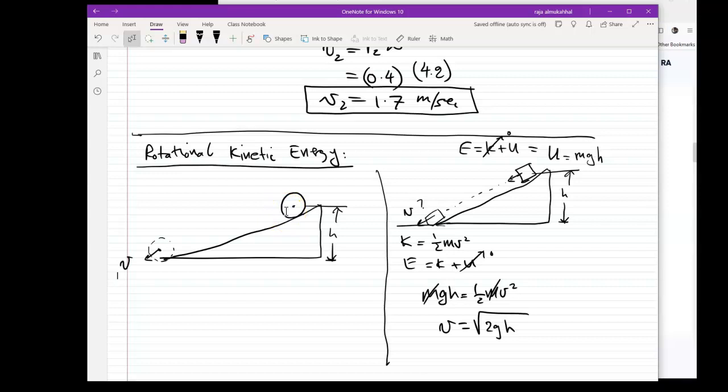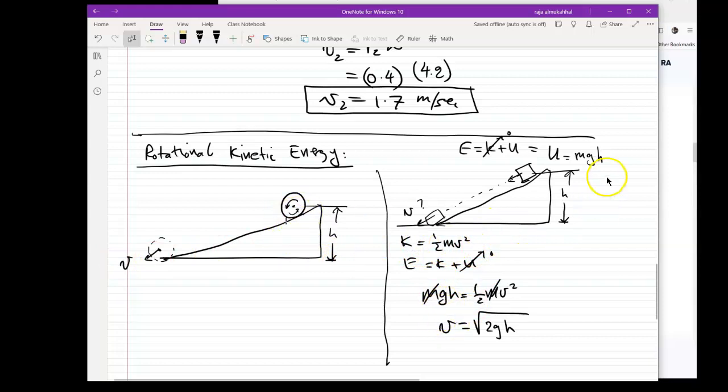So here we have not just kinetic energy 1/2 mv squared for this case, we also have rotational kinetic energy. Okay? So as the wheel or the ball is going around, it's actually spinning like that. And by the time it comes down here, if I'm asking what is the velocity v, well, it's not going to be the same as this v. Why?